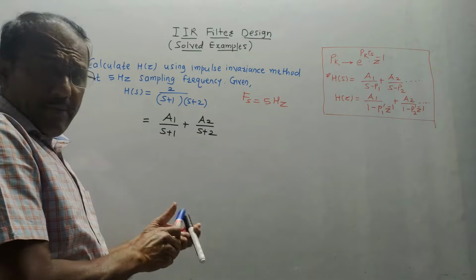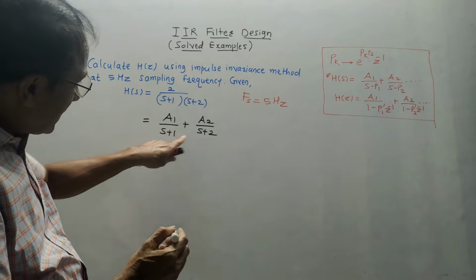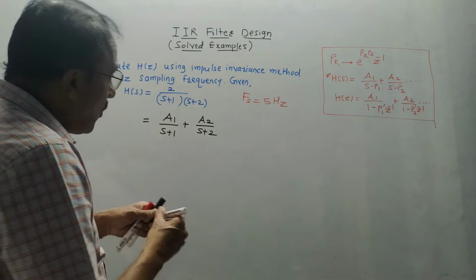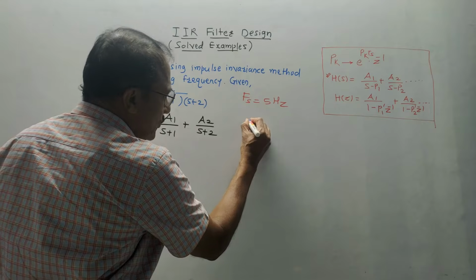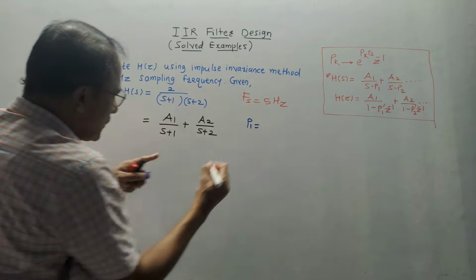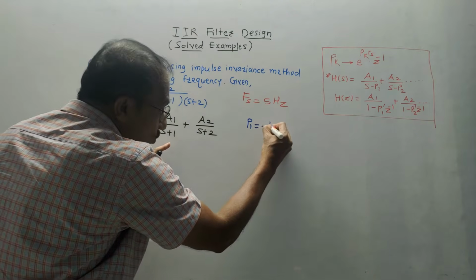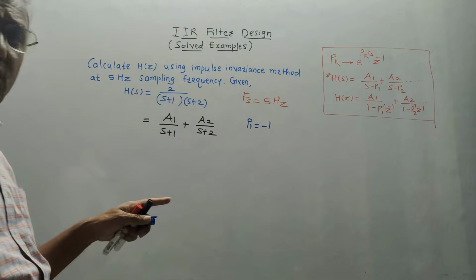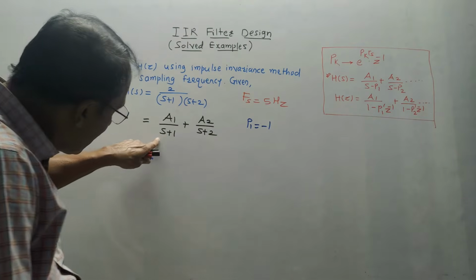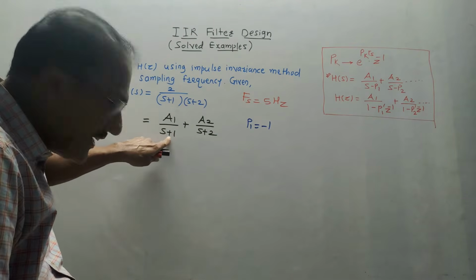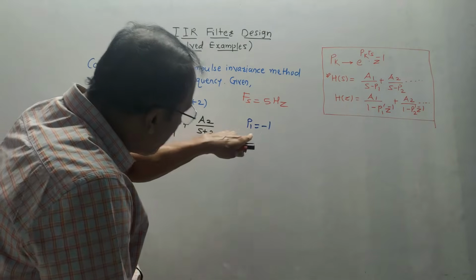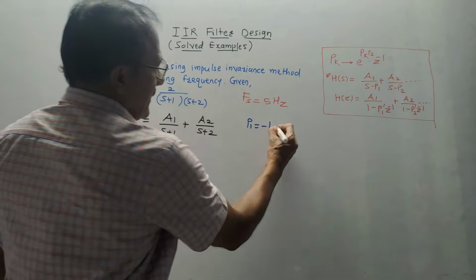Now always remember, these given values are s plus 1 and s plus 2. So while deciding the positions of poles, P1, that is the first pole, will be at minus 1. This is a common mistake. One should avoid it in the exam. Given value is s plus 1, change the sign of this value. So P1, the first pole, is minus 1.